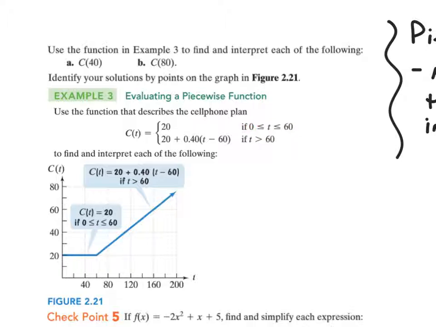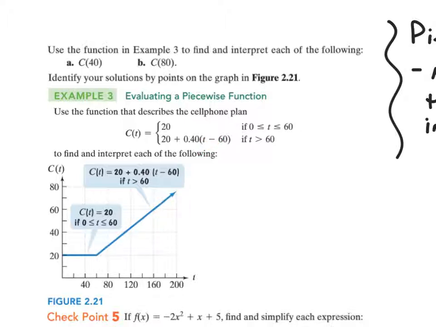So in between 0 and 60 on the x-axis, I have the graph of 20. Now, if t is greater than 60, so anything beyond 60, I use this function, 20 plus 0.4 times the quantity t minus 60. And we have this graph that goes like this.